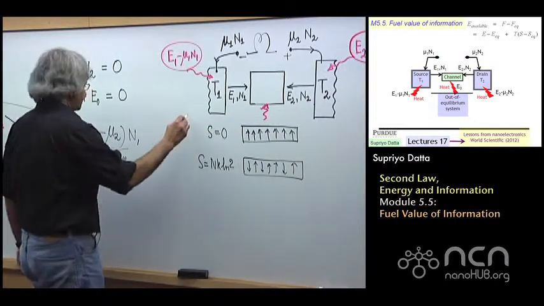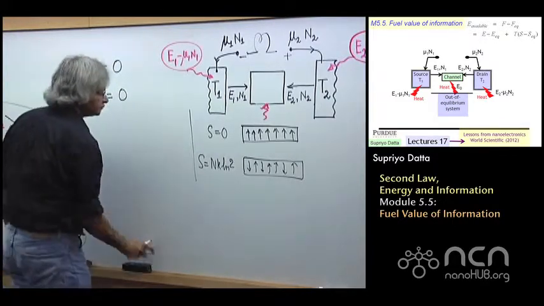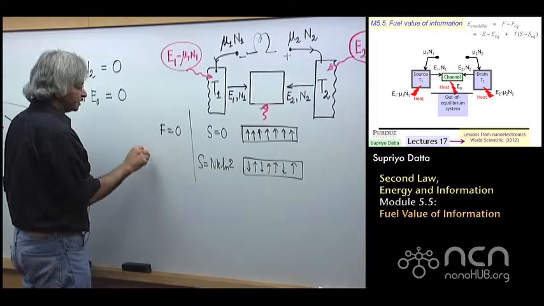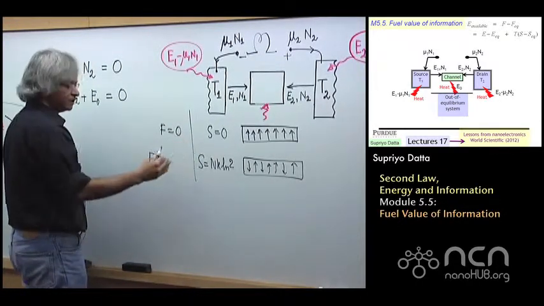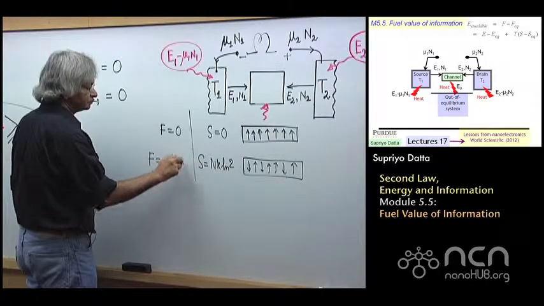So as far as the free energy is concerned, you could say, well, this free energy was 0, and here the free energy is E minus Ts. E is 0, so minus Ts, which is minus nkT log 2.